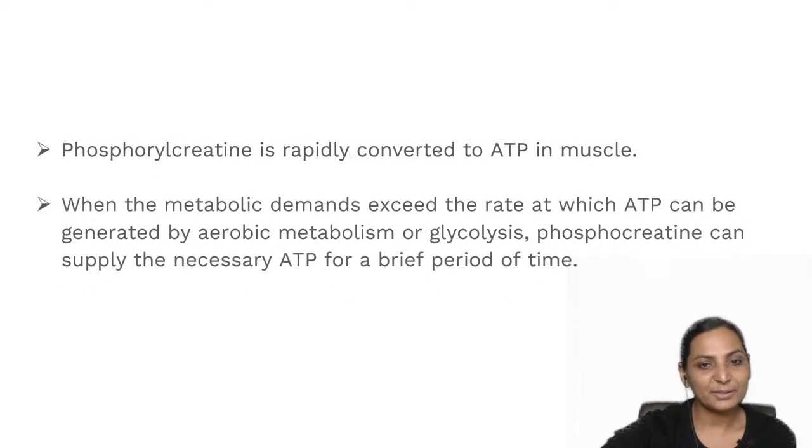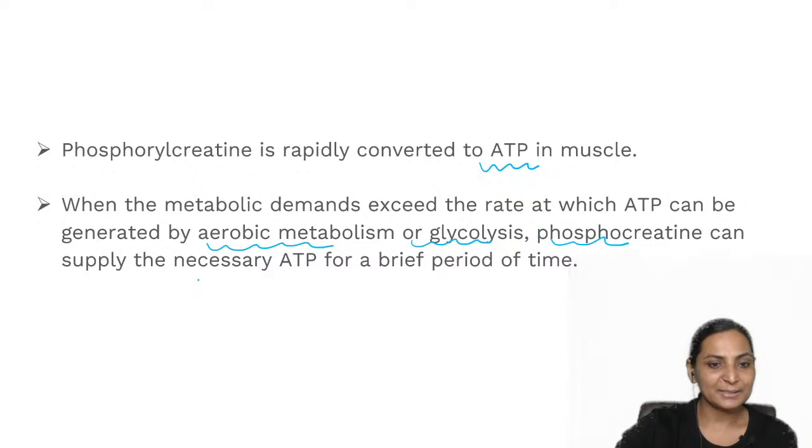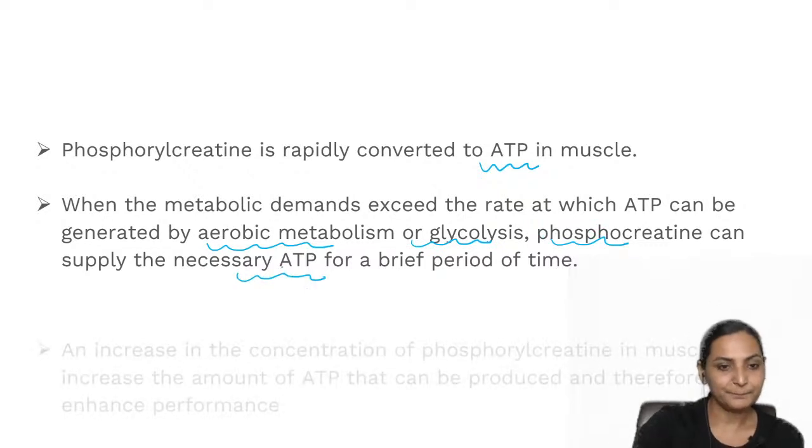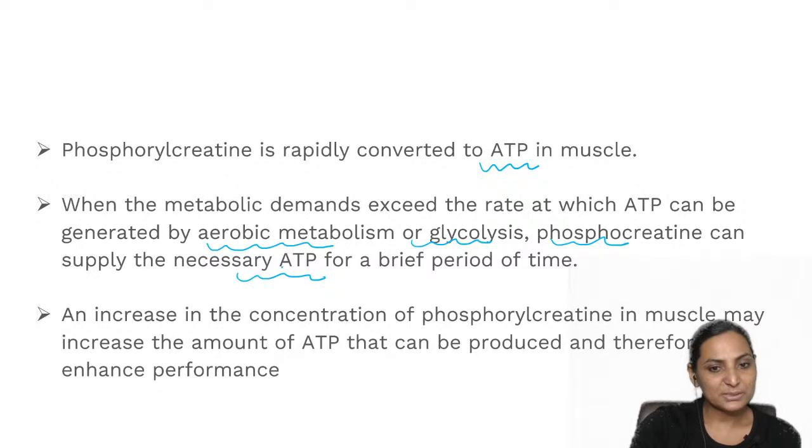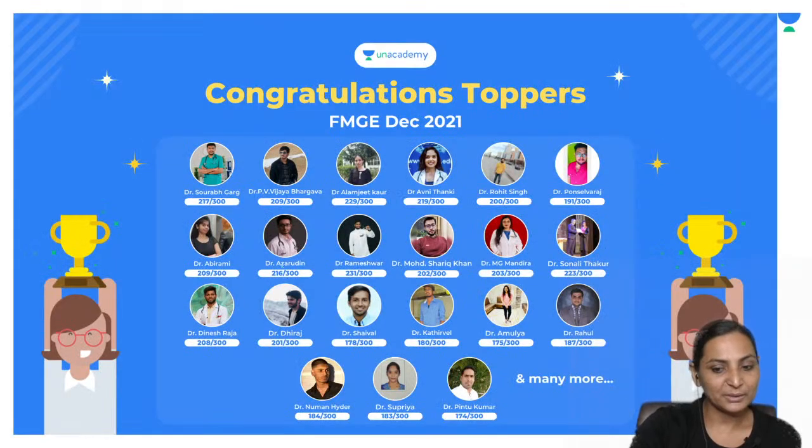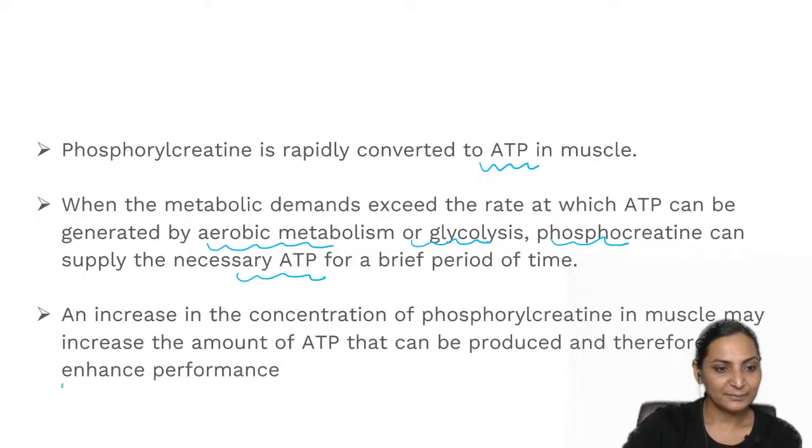Now this phosphoryl creatine will be converted to ATP. So when the metabolic demands exceed the rate at which ATP can be generated by anaerobic metabolism of glycolysis, phosphocreatine will supply the necessary ATP. An increase in the concentration of phosphorylcreatine in the muscle increases the amount of ATP and therefore increases performance.